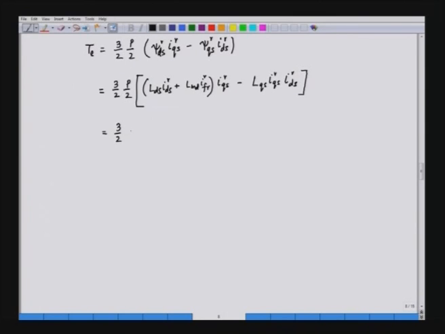We get here 3 by 2 into P by 2, times one term which will contain L d s minus L q s, and then I d s into I q s, plus L m d into I f r in the rotor reference frame, into I q s in the rotor reference frame. So, this is the expression for the torque in a permanent magnet synchronous motor.